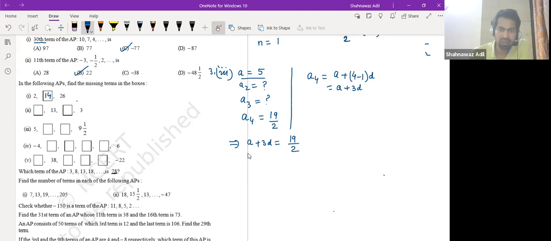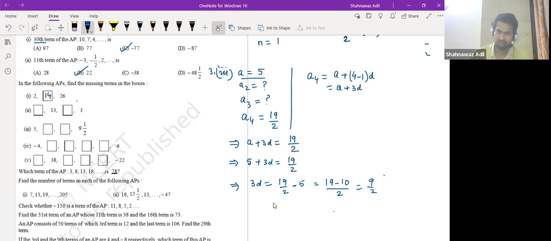So A we already know. A is how much? A is 5, and then 3D equal to 19 by 2. So 3D is 19 by 2 minus 5, which is 19 minus 10 by 2, which is 9 by 2.